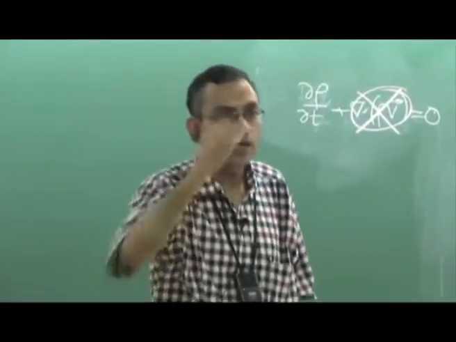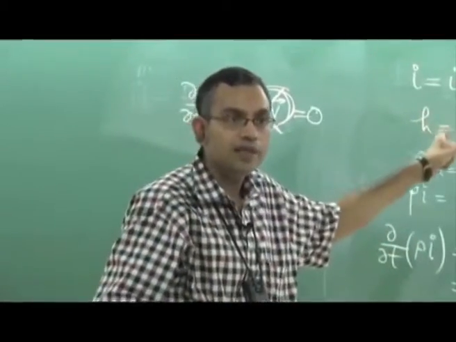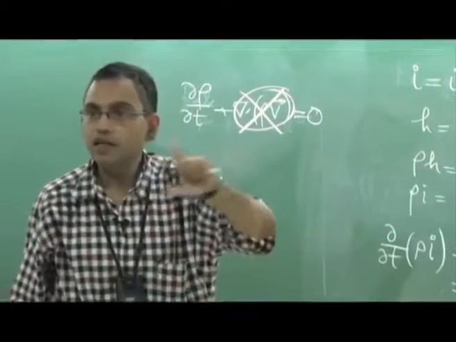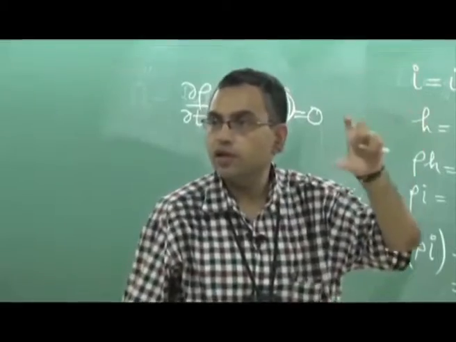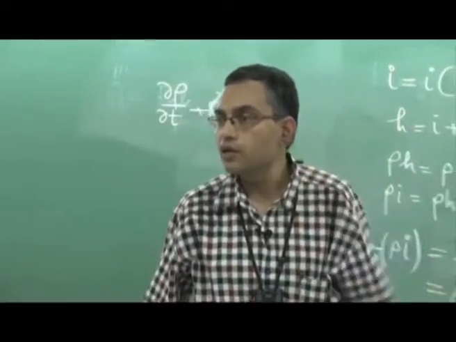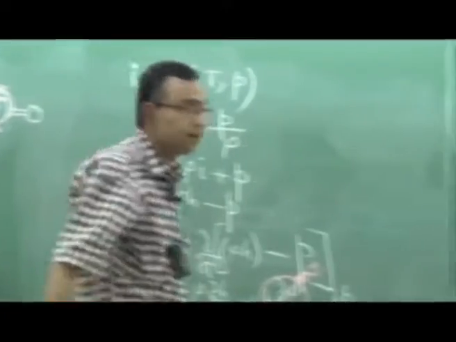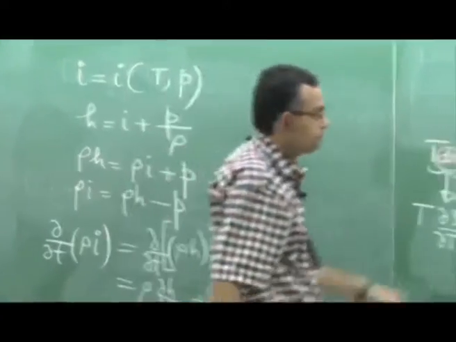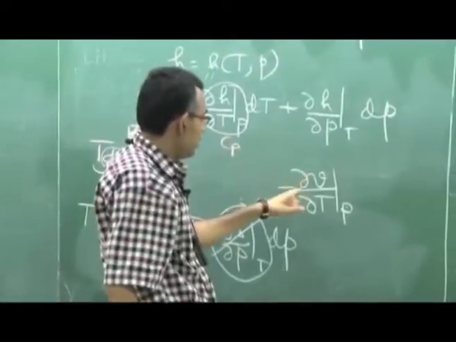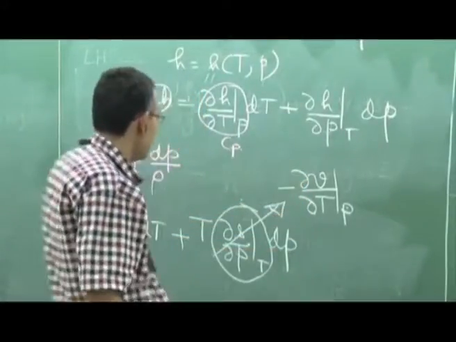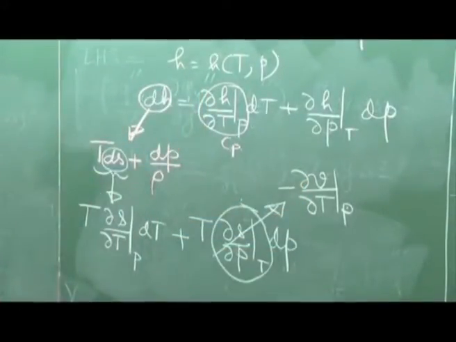Using the TdS relationships you can derive this. You must have done this in first year physics or chemistry and later in thermodynamics. So T into minus del V del T at constant pressure.